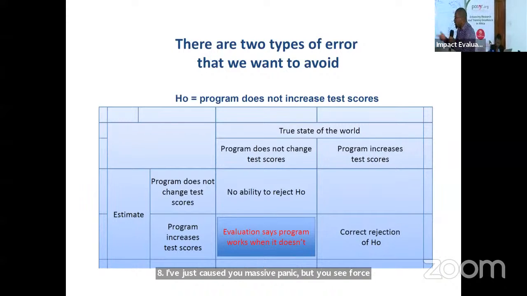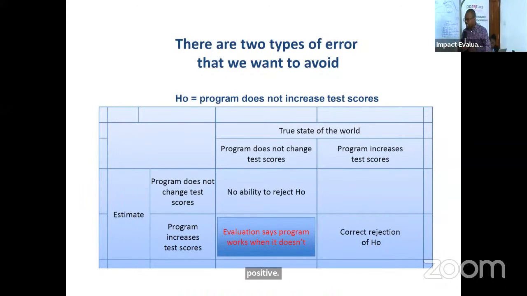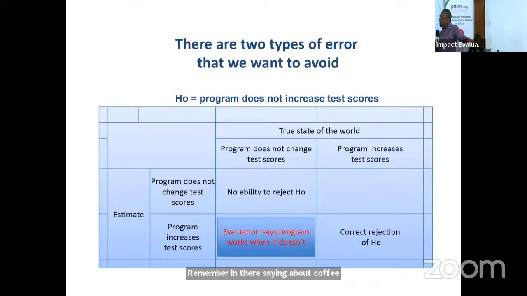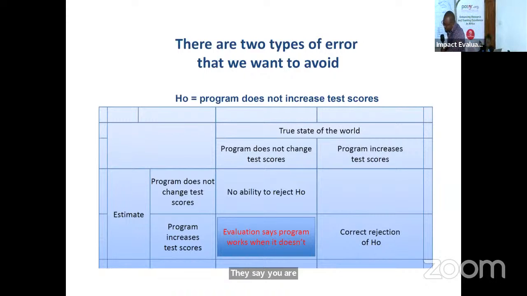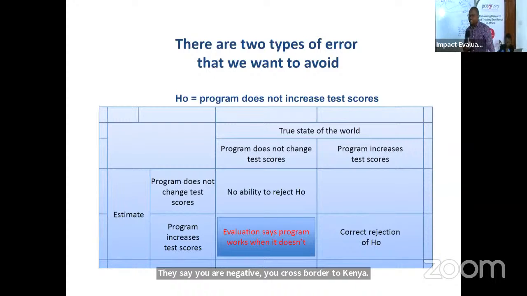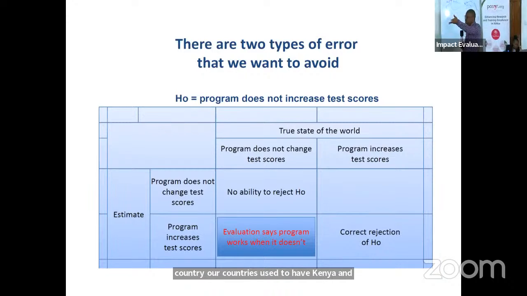Remember when they were talking about COVID tests? You get tested in Tanzania, and they say you are negative. You cross the border to Kenya, and they say you are positive. Remember the stand our countries used to have, Kenya and Uganda. You go to Uganda from Kenya, you have your certificate. Of course, people used to buy those things. But if you are truly tested here and it shows you are negative, and then you cross the border and it says you're positive, they conclude what you have is a false positive.